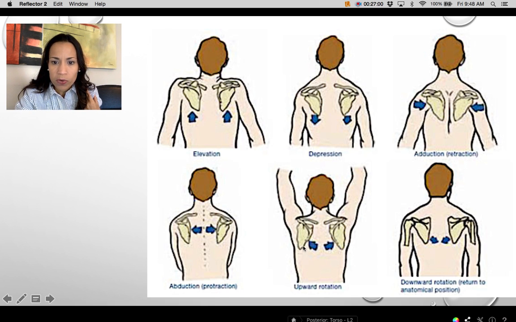This is upward rotation. See that the inferior angle of the scapula swings laterally and occurs during arm abduction. So that's upward rotation, and when you bring your arms down, when you adduct your arms, the inferior angle of the scapula moves to the original position, and that's downward rotation.